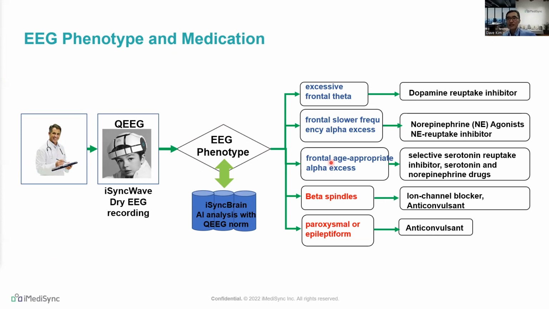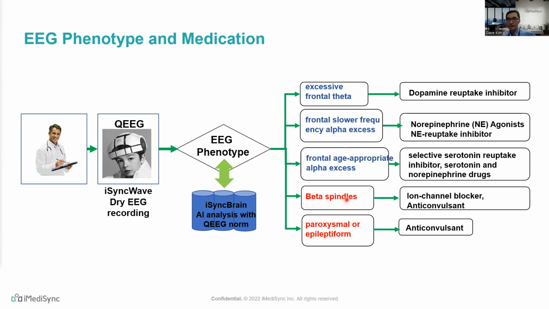Blue is the underarousal phenotype, red is the overarousal phenotype. So in the same ADHD disease group, there are many kinds of overarousal and underarousal phenotypes.